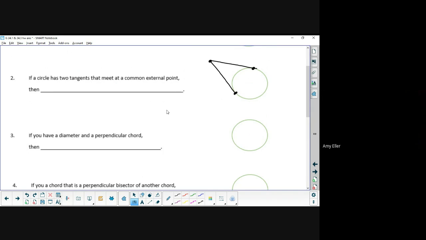Very good. Then they are congruent. How do we draw congruent? Congruent means they're the same length or equal. So we show that this, whatever number it is, is equal to that one. Don't make up a number.